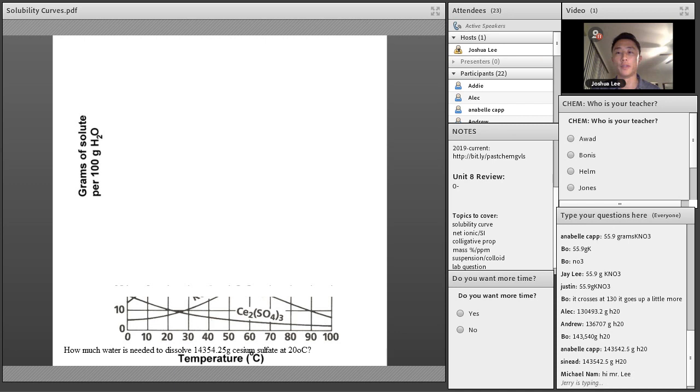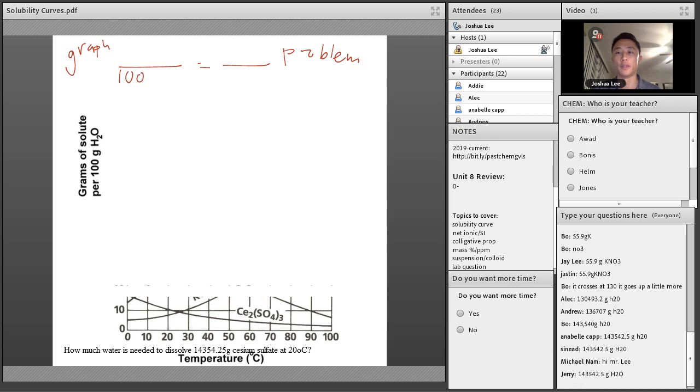Let's set it up. We have our proportion from the graph, and we have the proportion from the problem. Remember, from the graph, it's always 100 grams of water that you're dissolving it in. So 100 grams of water. And how much water is needed to dissolve that many?